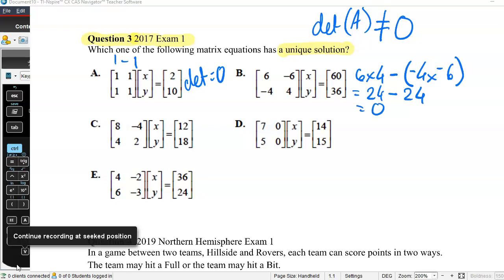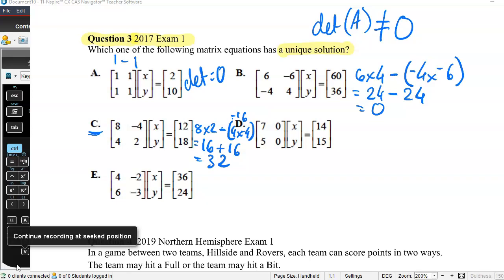So 8 times 2, take away 4 times -4, so that is 16. That's -16 there, so negative plus 16 equals 32, so it's probably C, but we'll just double check.